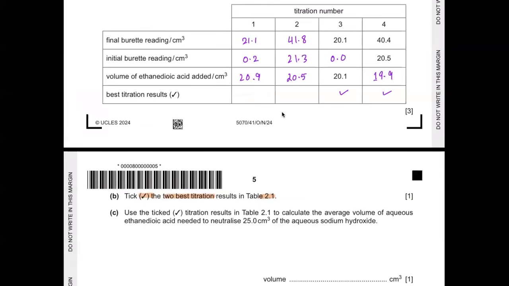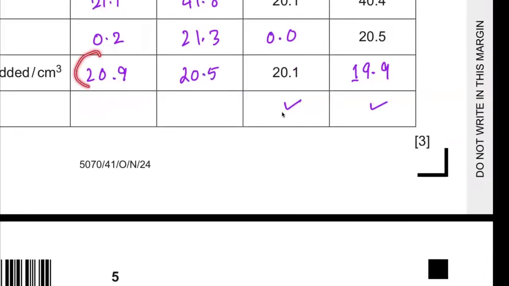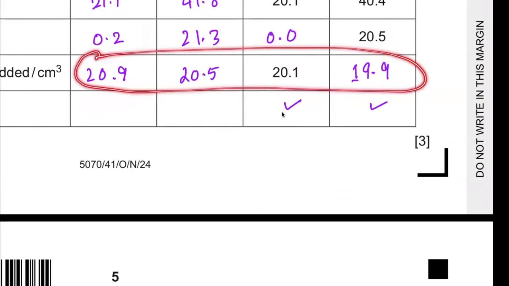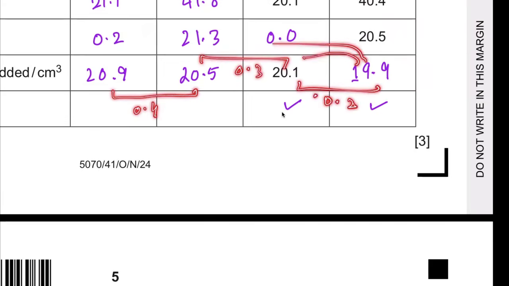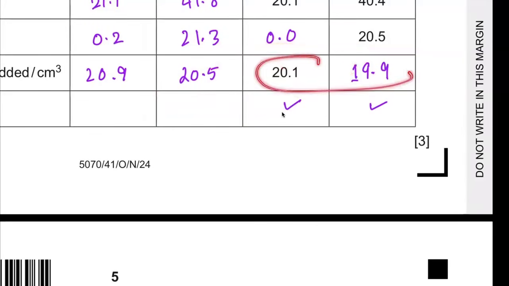Okay. See, look at the four results. You are going to take those two which are closest to each other. So see the difference between these two. Isn't it 0.4? Okay, 0.3, 0.2. If you take this and this, or this and this, the closest is these two, right?